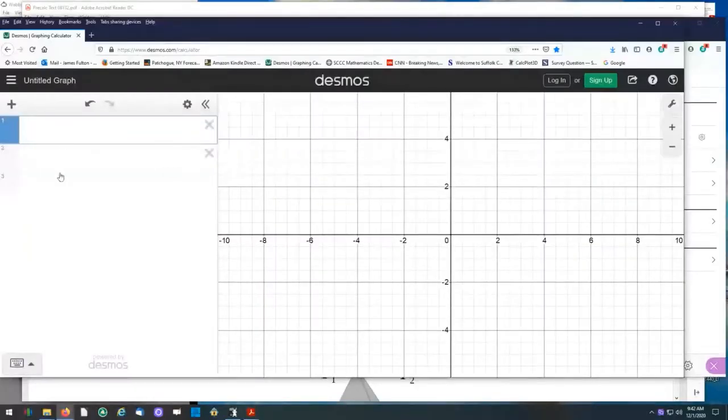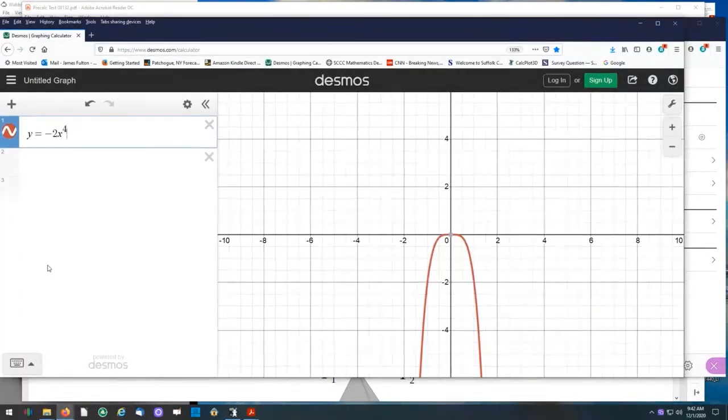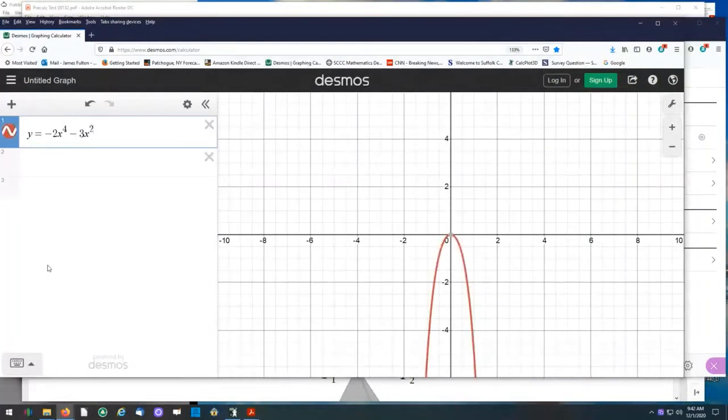So we'll come over here and we'll enter that in. We'll put y equal to minus 2x to the fourth, and then we have minus 3x squared and minus x minus 1.